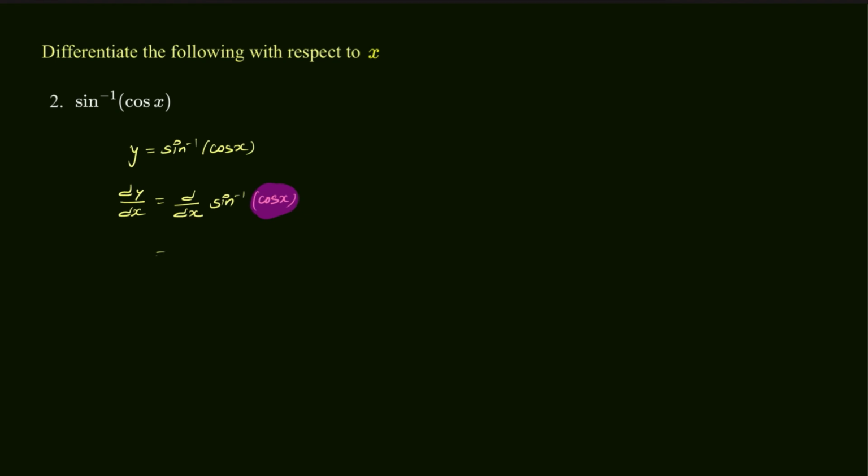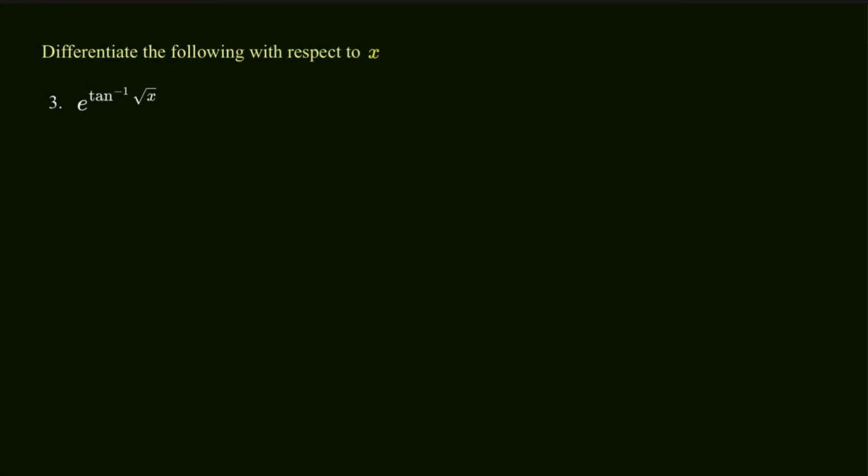Then d/dx of sine inverse x is 1 over root of 1 minus x square, but here it is cos square, so we will have cos square x, but we have to differentiate the cos x, that is d/dx of cos x. Hence my answer will be minus sine x over square root of 1 minus cos square x.